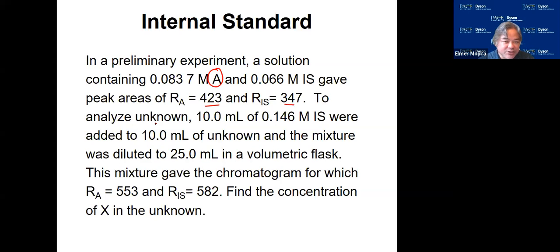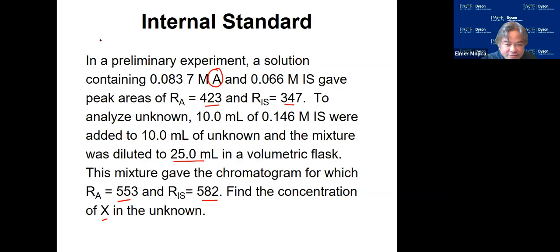To analyze the unknown, 10 ml of 0.146 molar internal standard was added to 10 ml of unknown, and the mixture was diluted to 25 ml in a volumetric flask. This mixture gave a chromatogram in which the area of the analyte is 553 and the area of the internal standard is 582. Find the concentration of X in the unknown.